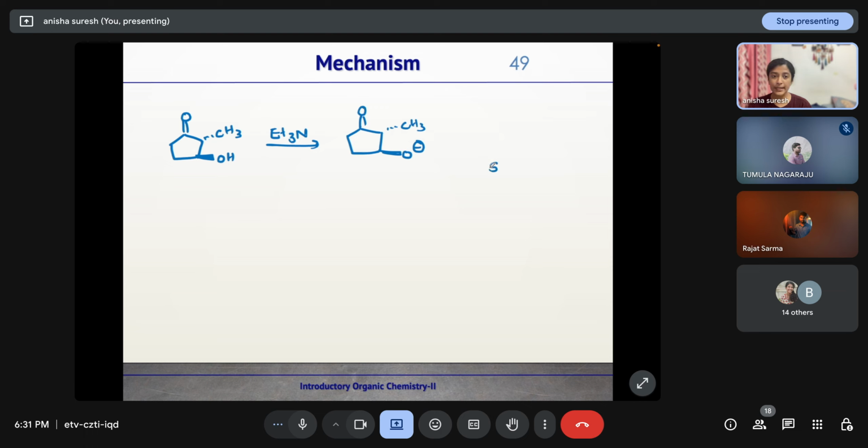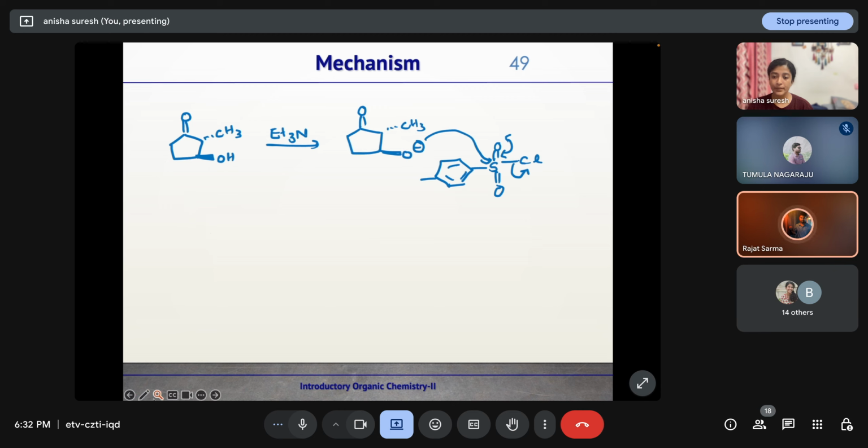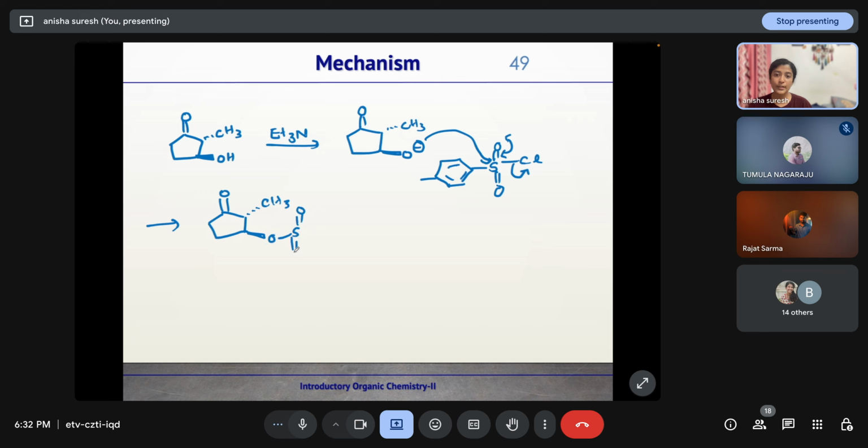Tosyl chloride is S double bond O, Cl. The oxygen will add onto the sulfur, and Cl will leave, leading to formation of OTs. So this is OTs.